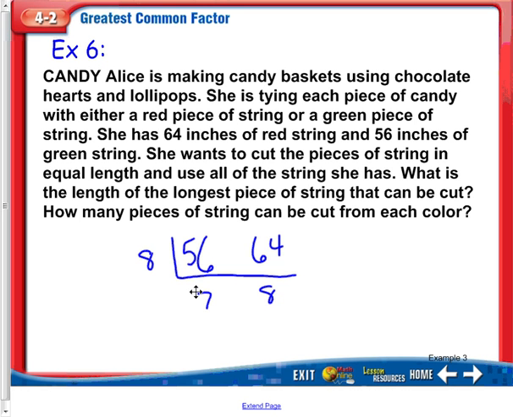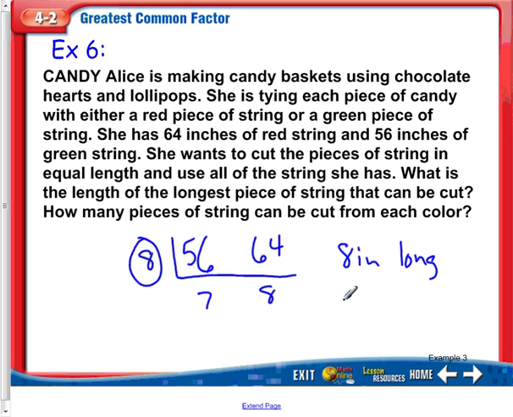So what I'm left with here is 8 being the greatest common factor. So she wants to cut the pieces of string in equal length and use all the string she has. What is the length of the longest piece of string that can be cut? Well, she can cut it 8 inches long because that would be the greatest common factor.